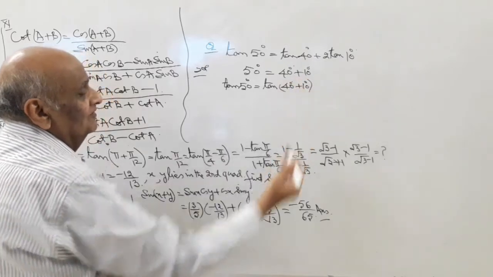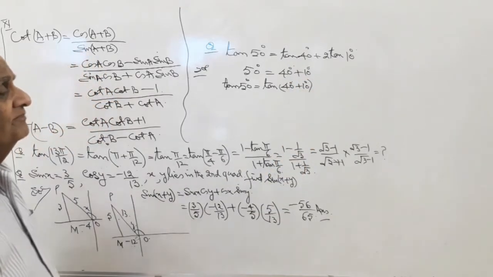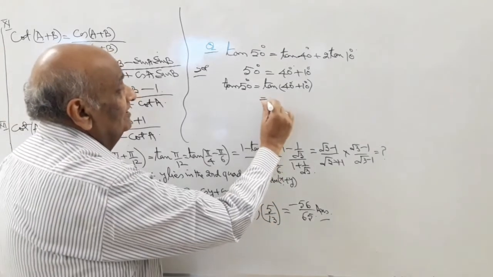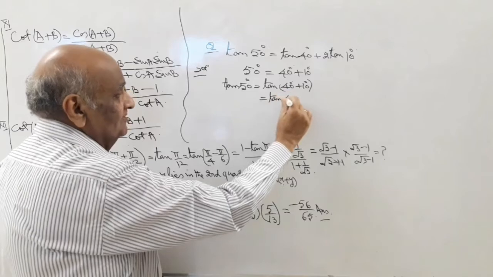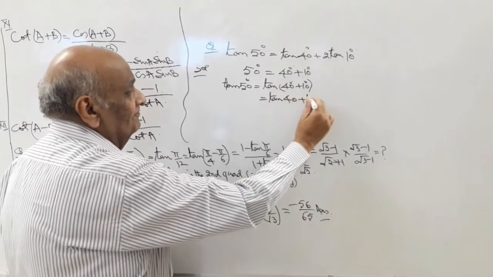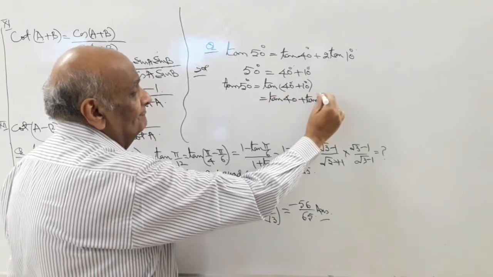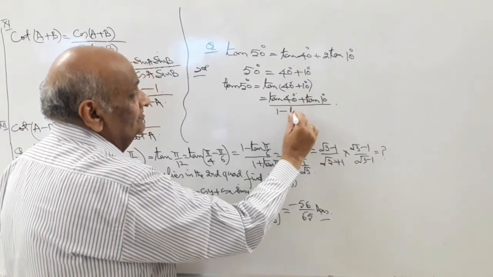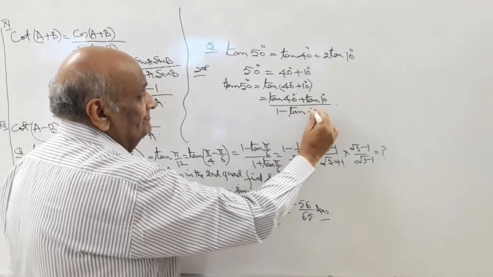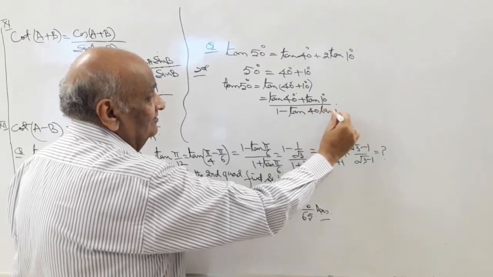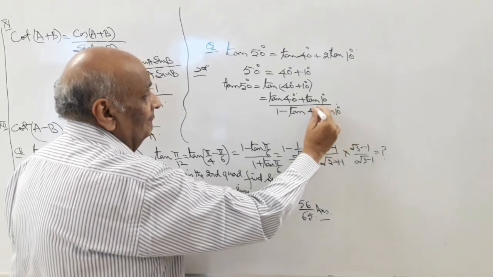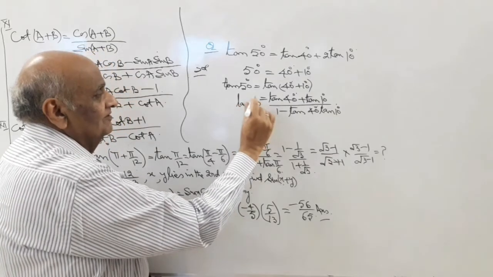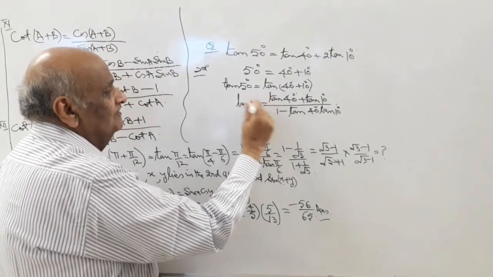Apply the formula: it is tangent of 40 plus tangent of 10 degrees over 1 minus tangent of 40 tangent of 10 degrees. This is tangent of 50 degrees.